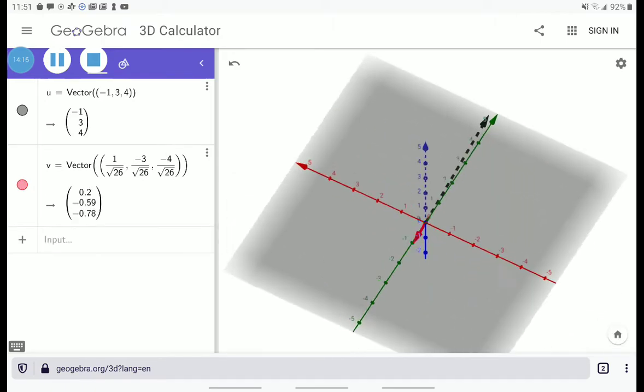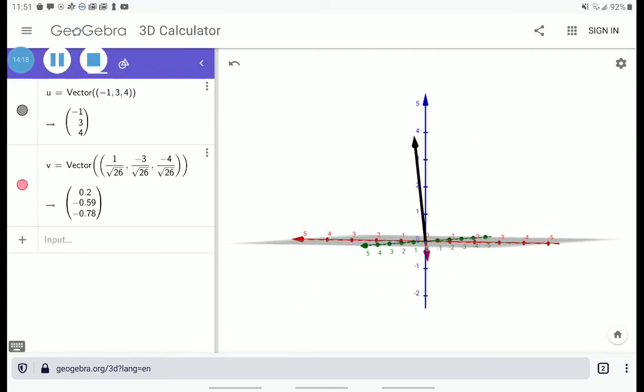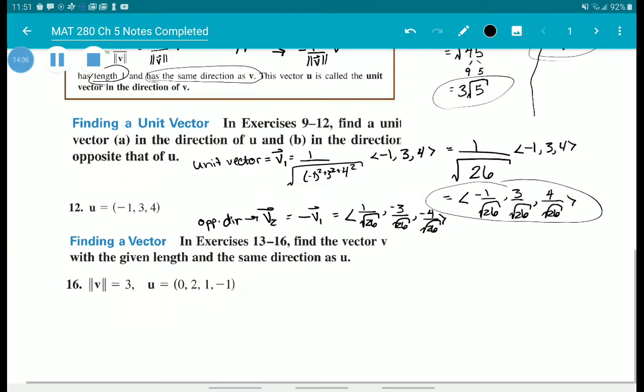When I did that, you can see how that vector is now in the opposite direction of the original vector, and it would also be in the opposite direction of that unit vector, all because those signs flipped. So we multiplied everything through by a negative. That's what's going on behind the scenes.